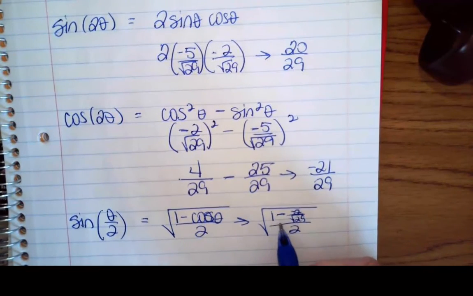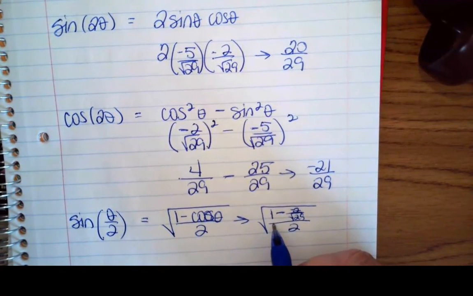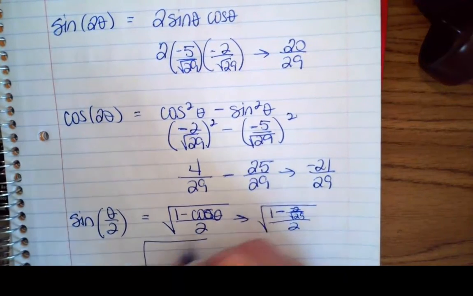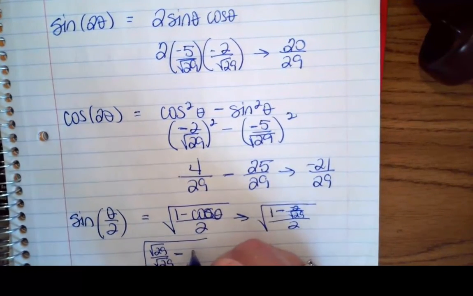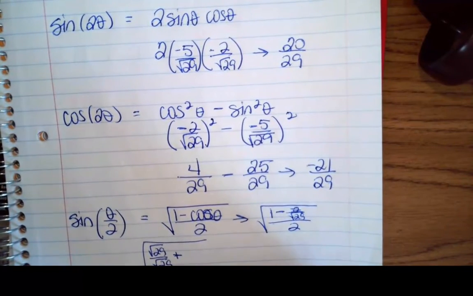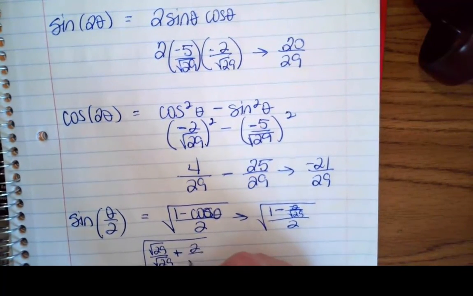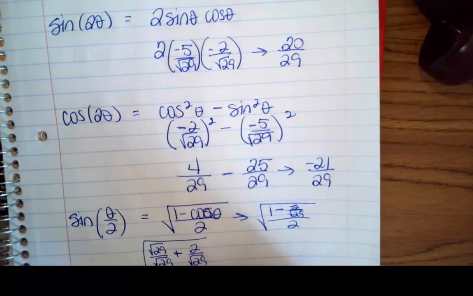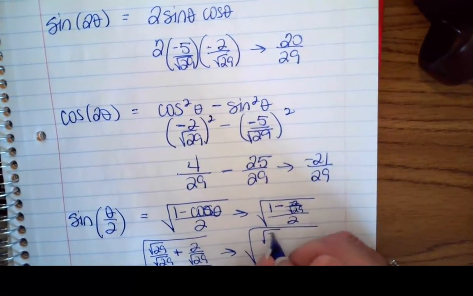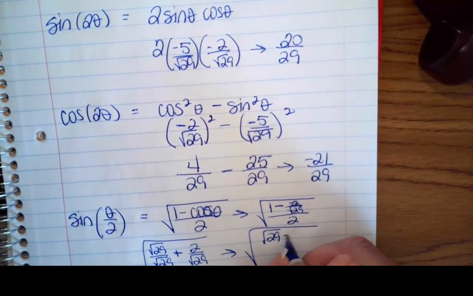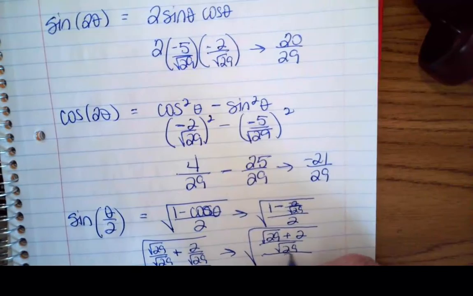Get a common denominator, so that's going to be root 29 over root 29 minus a -2, which becomes positive 2 root 29, all over 2. So now I've got the square root of root 29 plus 2 over root 29, over 2.